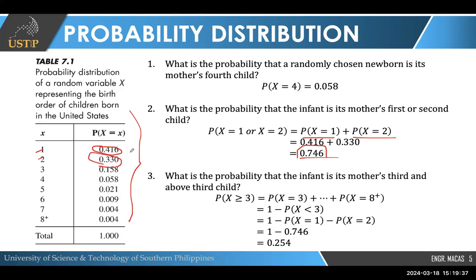So kung mag-pick ko og random infant, ang probability nga first or second child siya is dako gyud, kay sila ang highest probability. Okay, so it just makes sense nga ang probability of picking first or second child is 0.746. Okay, so I hope it makes sense.